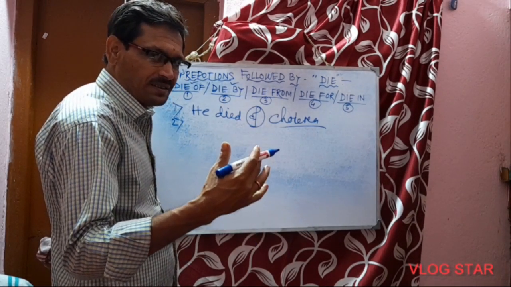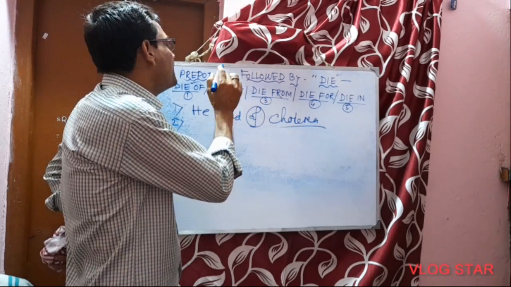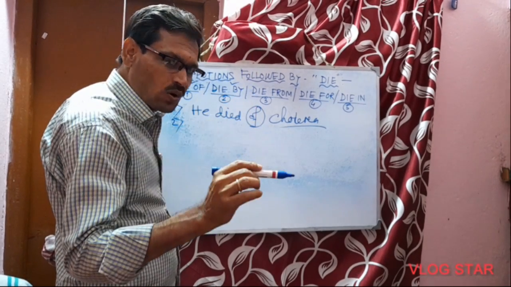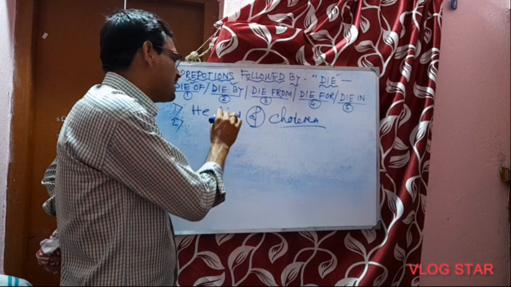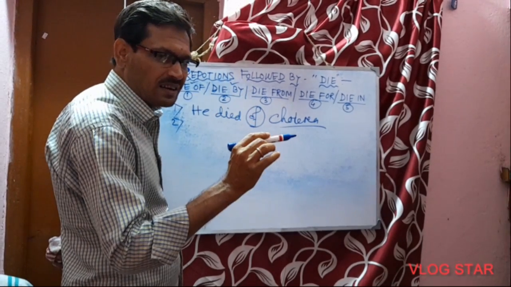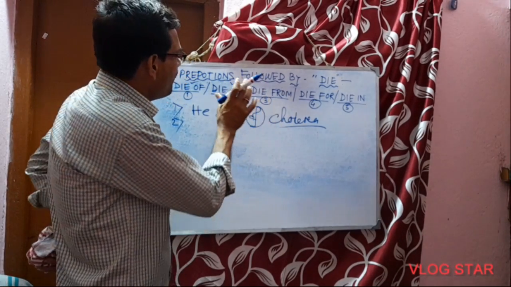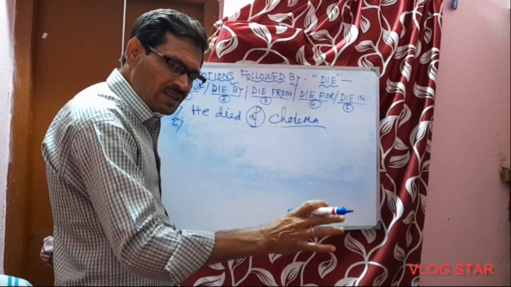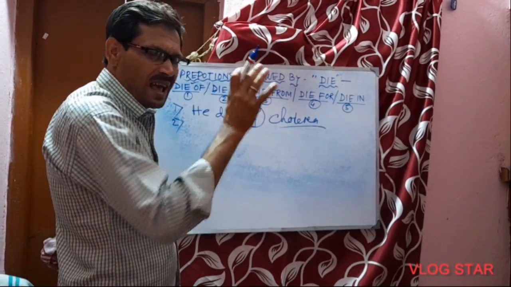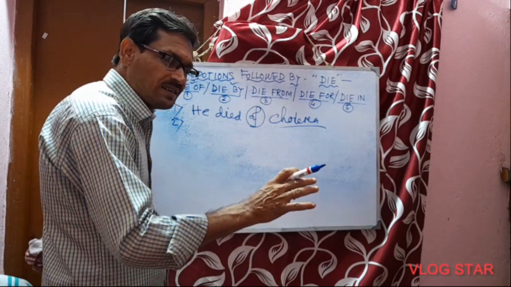I repeat, die takes the preposition by when the death indicates maybe violence, weapons, accident, or suicide.